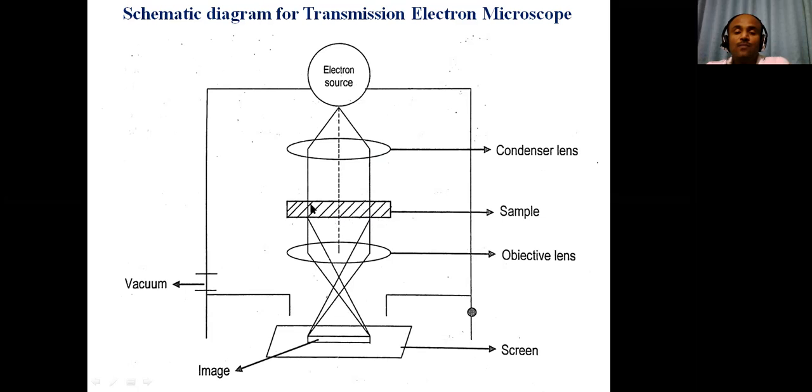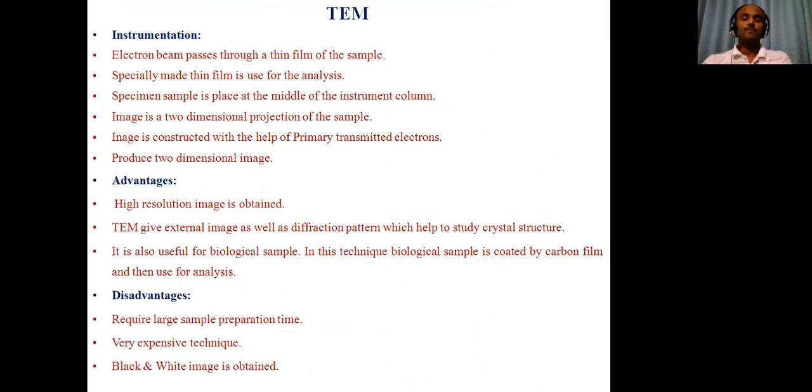The sample is placed in the middle of the instrument column, and the electrons get transmitted through the sample. A thin film of the sample is used, and electrons get transmitted through this thin film. All these transmitted electrons get collected by using objective lenses, and they are used to construct the image by TEM. Okay, so this is the instrumentation.